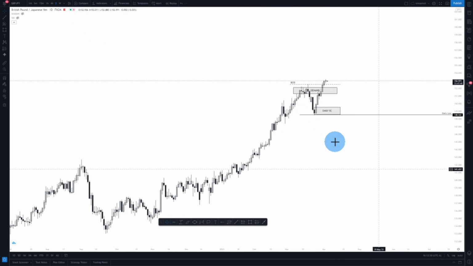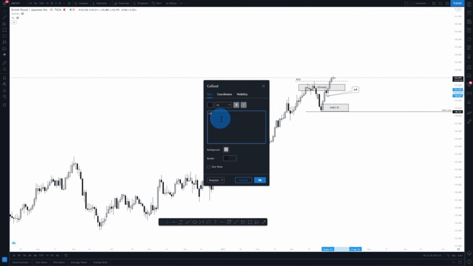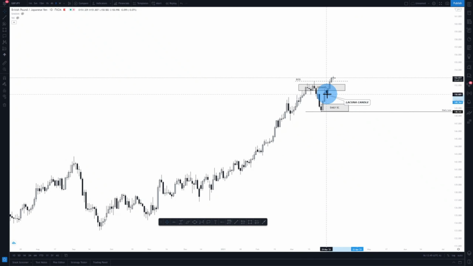Also, if we look clearer over here, we have a lacuna candle, which we can also call an SC or an OB. As you can see, we have a lacuna candle.